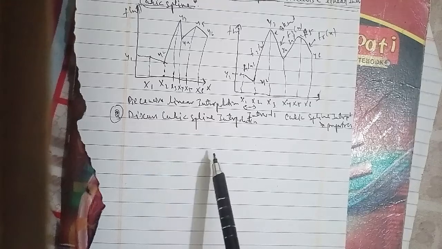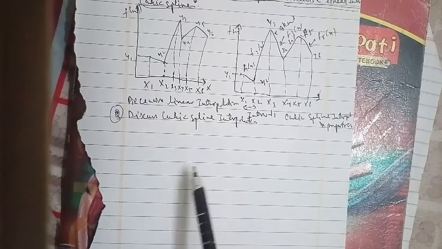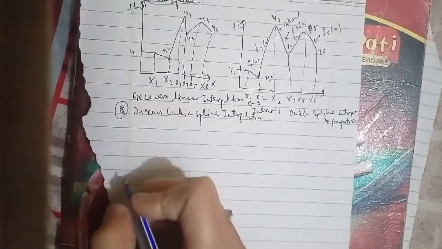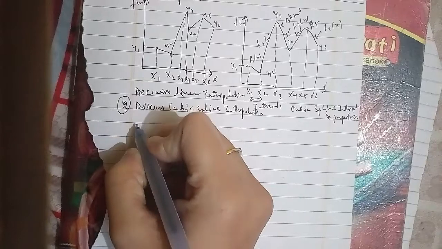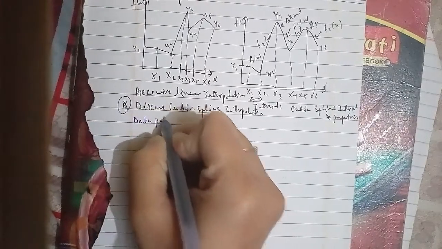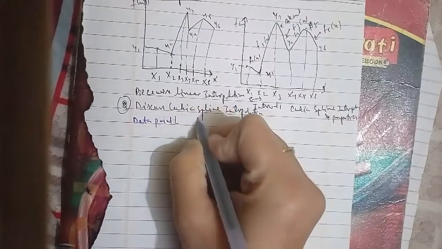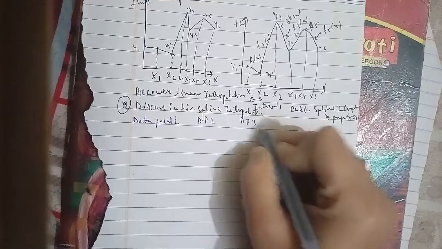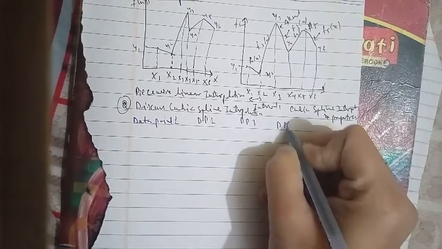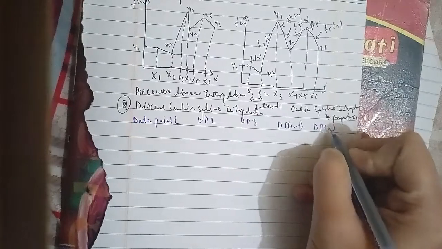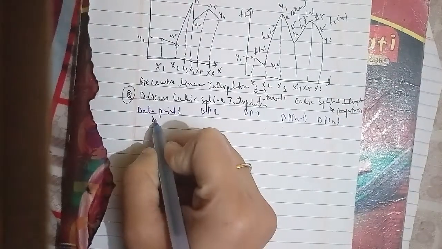Data point 1, data point 2, data point 3, data point n-1, and data point n. These are x1, y1; x2, y2; x3, y3; xn-1, yn-1; and xn, yn.